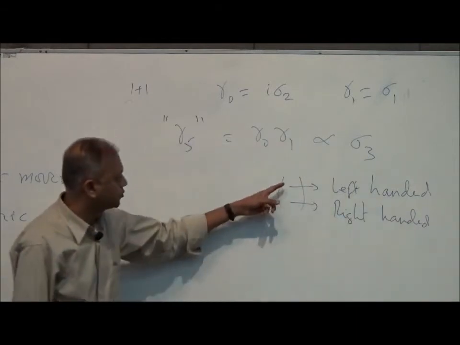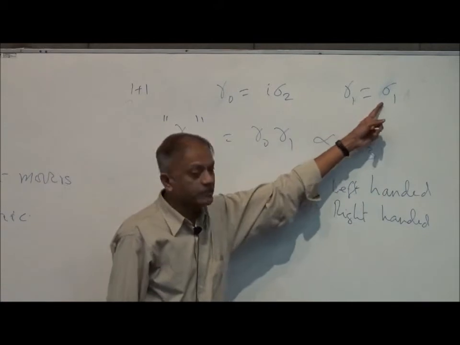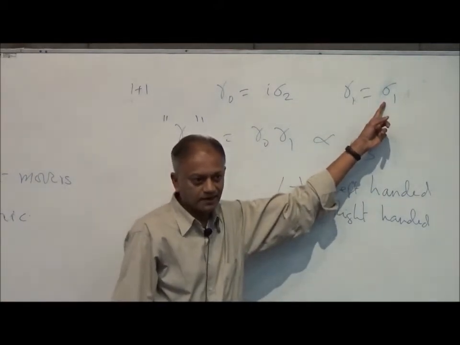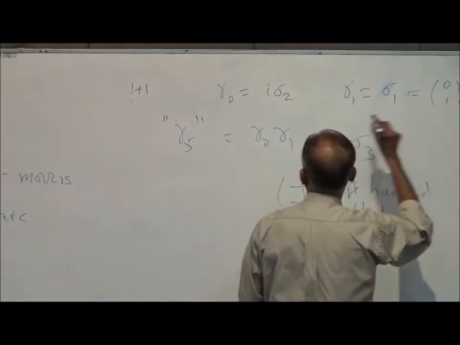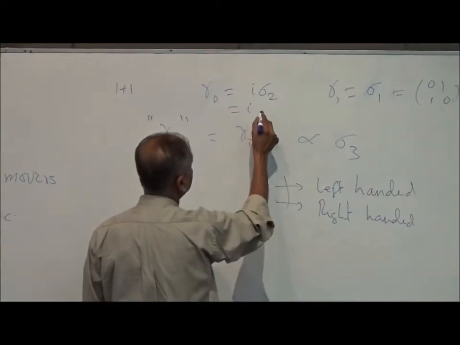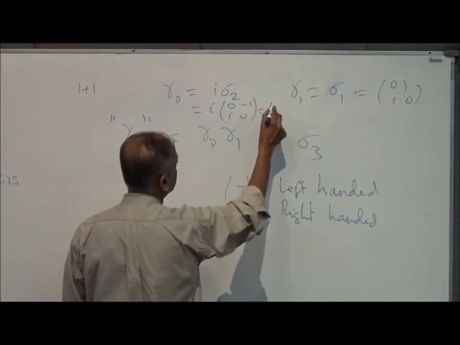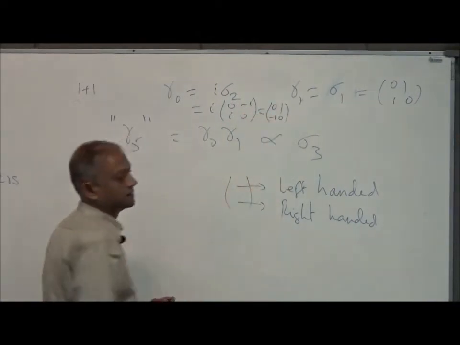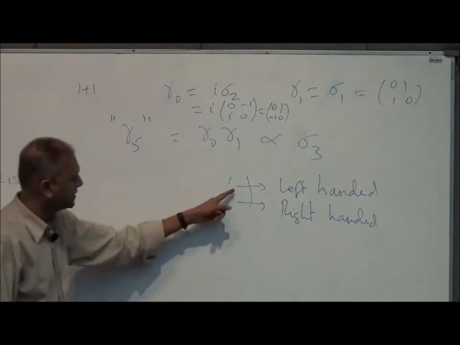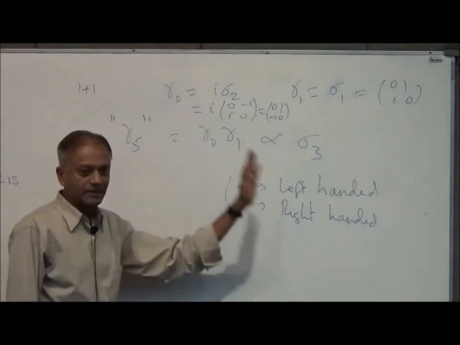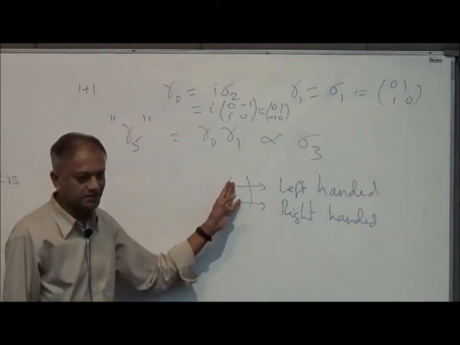Furthermore, you can choose both of these components to be real. The reason is that these gamma matrices are real. Sigma 1 is clearly real, this is 0, 1, 1, 0. Whereas this one is i times sigma 2, which is 0, -1, 1, 0, which is again real. So the gamma matrices are real, and when you multiply them, it still stays real. So you can impose a reality condition.